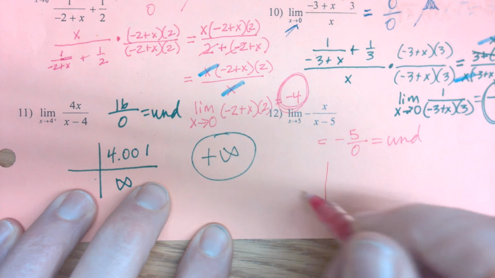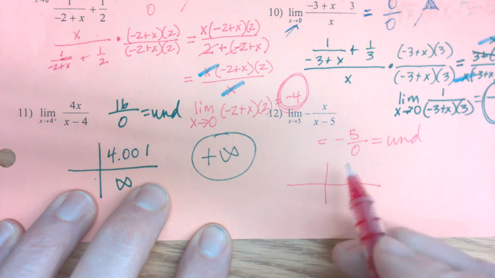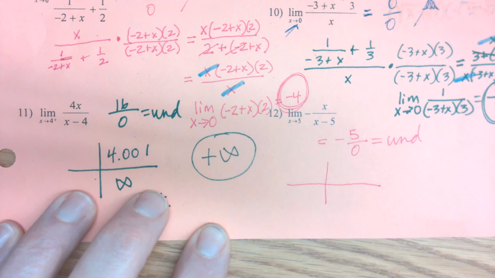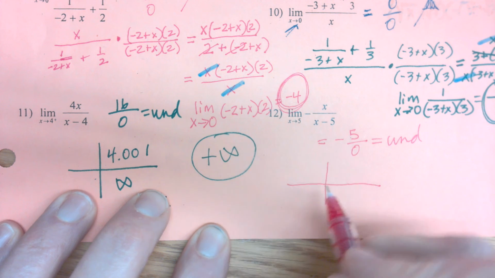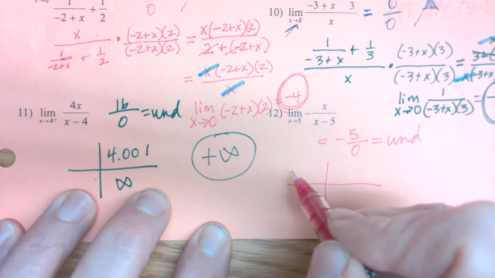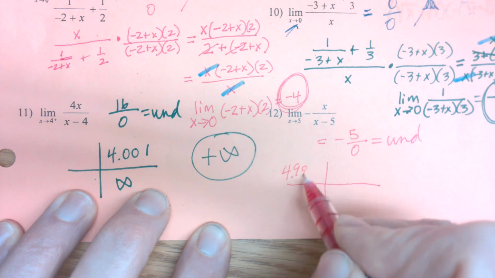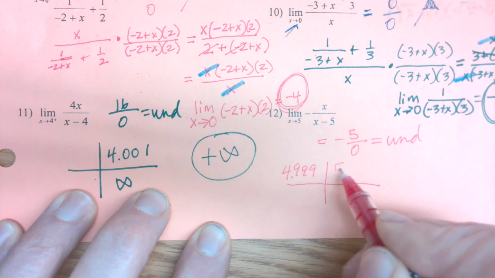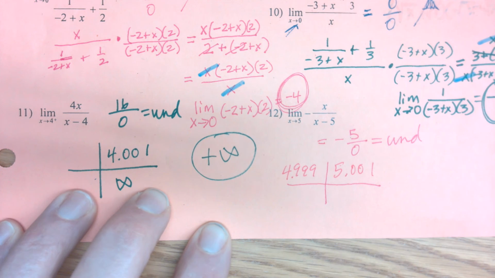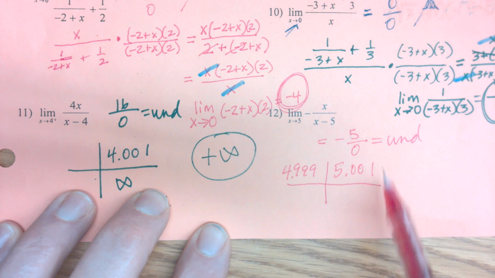So I make a little table, not even that full-size table. Remember the big ones that we made? Not even the full-size table. All I care about is just to the left of 5, so 4.999, and just to the right of 5, 5.001, and I want to envision what's going on.